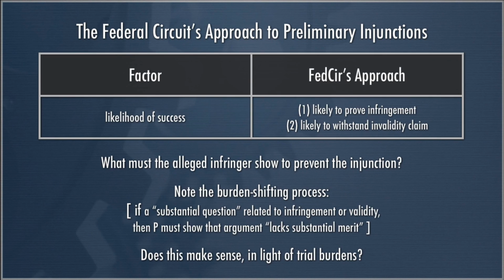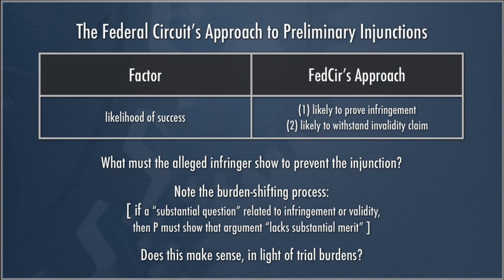And in particular, this likelihood of success factor is interesting, right? So the alleged infringer needs to show a serious question of invalidity. There's a burden shift here, right? So if the alleged infringer shows a substantial question related to infringement or validity, then the burden shifts back, right, to show that the argument lacks substantial merit.